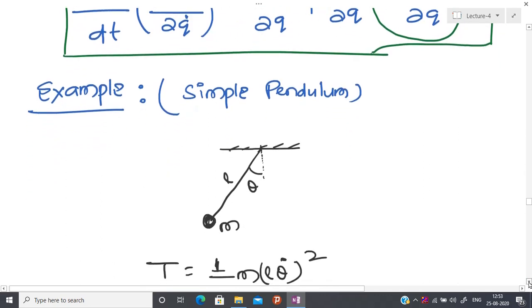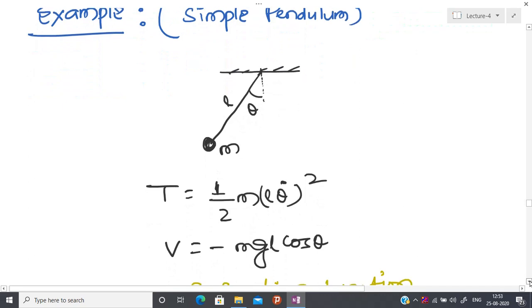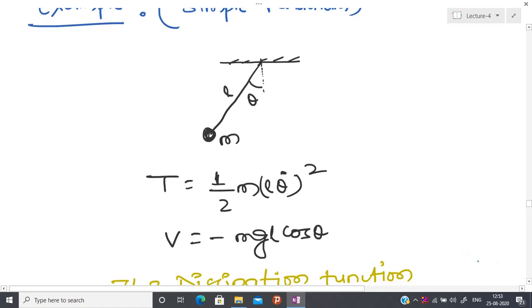So let us see one very simple example. I have taken the example of a pendulum system which is moving in open air. Here again I have one component, that is kinetic energy, half m, and I have already told you why L theta dot comes into the picture, because I will calculate S and S dot.